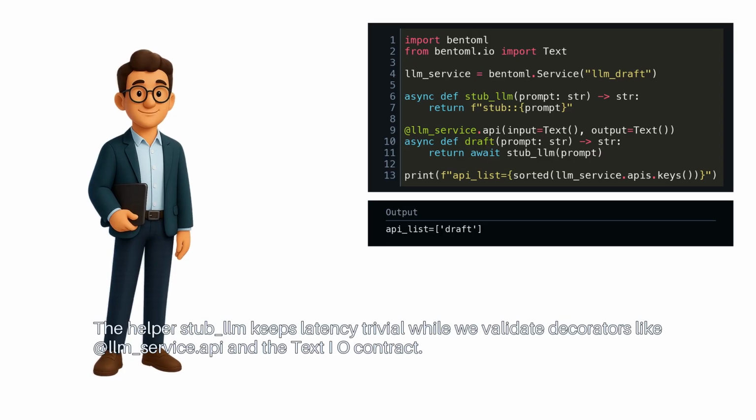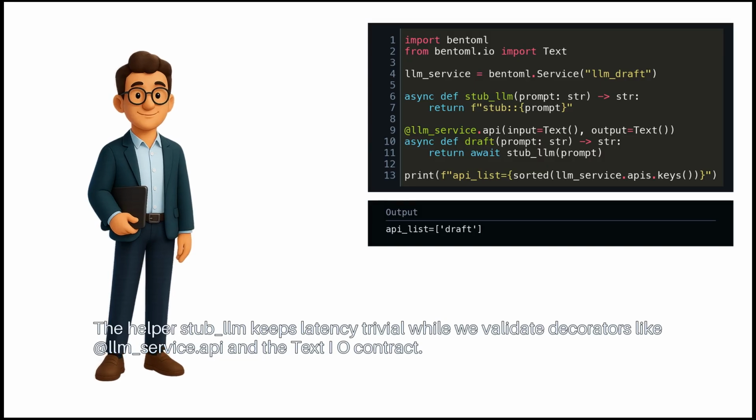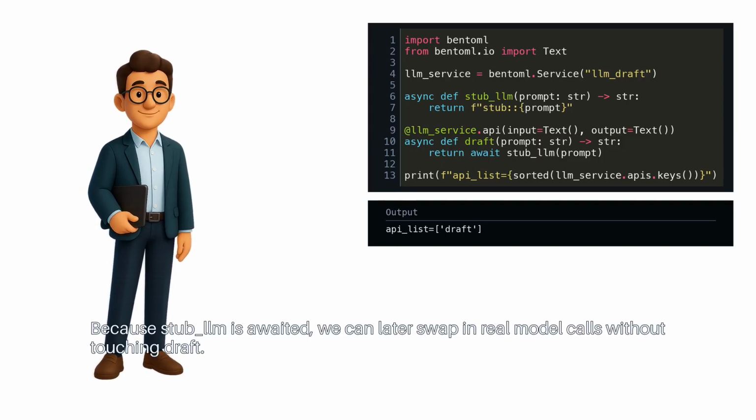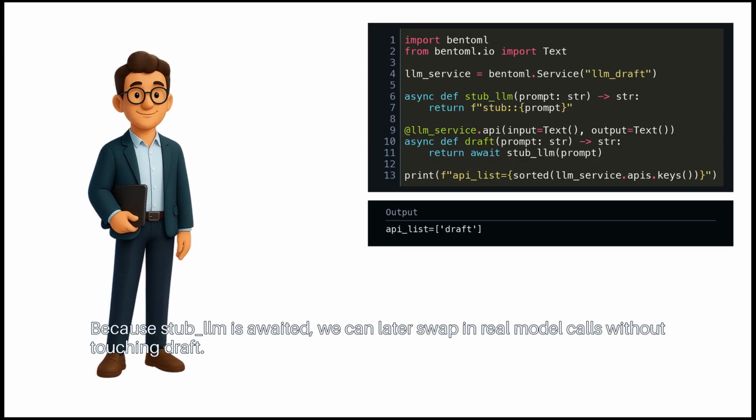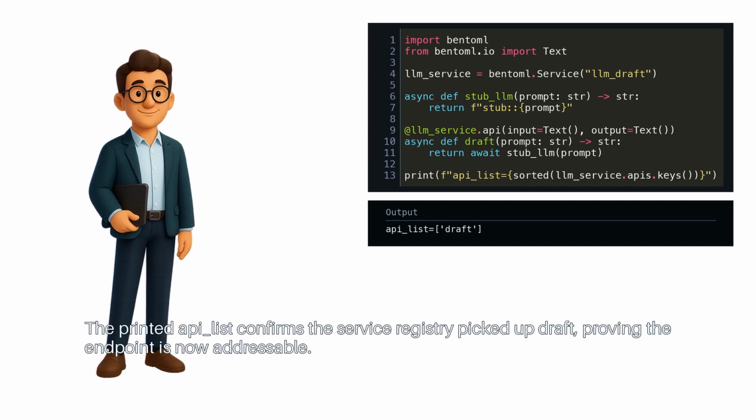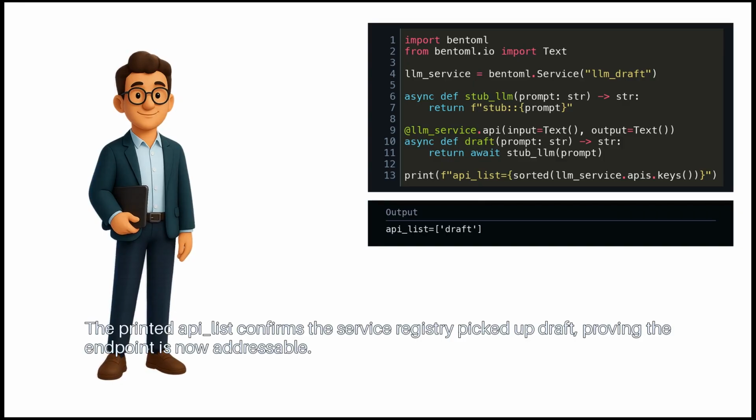The helper stub_llm keeps latency trivial while we validate decorators like @llmservice.api and the text I/O contract. Because stub_llm is awaited, we can later swap in real model calls without touching draft. The printed API list confirms the service registry picked up draft, proving the endpoint is now addressable.